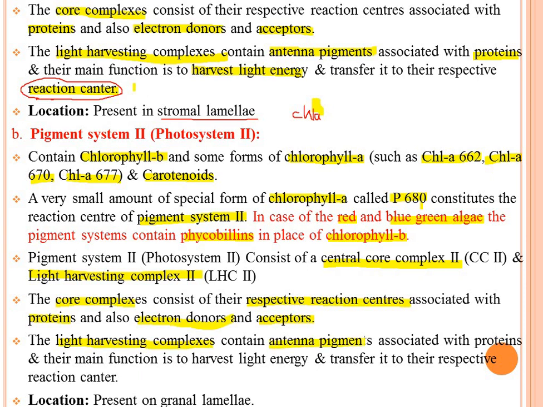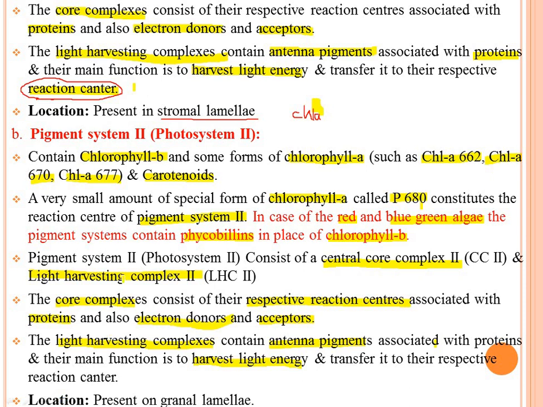Like all accessory pigments, they only absorb light in the form of photons and transfer it to chlorophyll A, the main reaction center. They are associated with proteins, and the main function is to harvest light energy and transfer it to the respective reaction center. All accessory molecules are associated with the light harvesting complex.